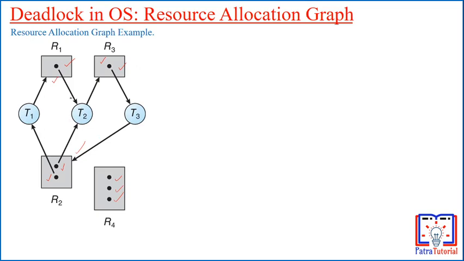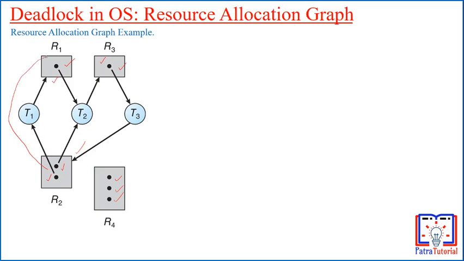So now look at this graph. This graph has one cycle. T1 is holding R2 requesting R1, T2 is holding R1 and requesting R3, and T3 is holding R3 and requesting R2. So this is one cycle, right?